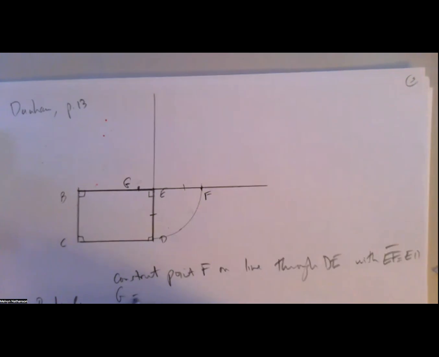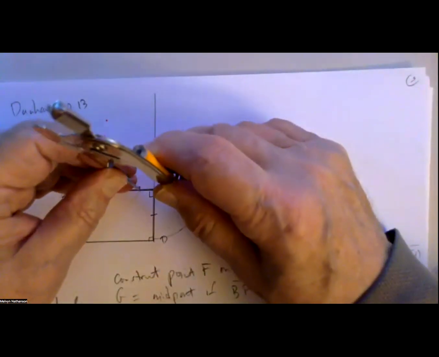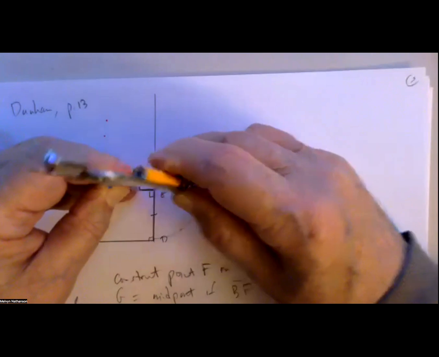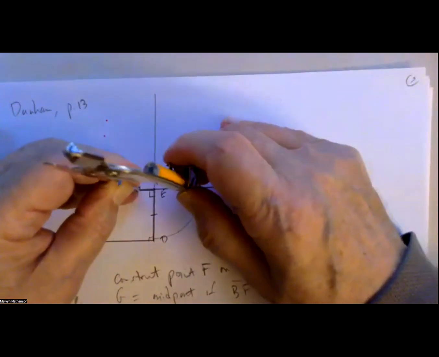So G is the midpoint of the line segment BF. And now I construct a circle where the center is at G and the radius is BF.